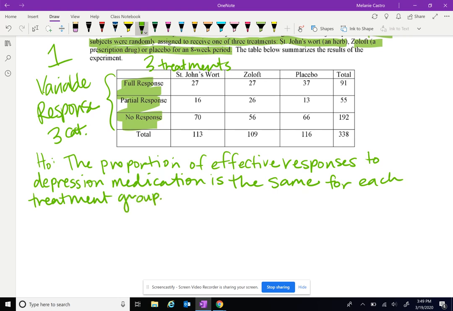There's probably another way to say that, but like here we're saying there's no difference, right? In how they respond to the different drugs. Our HA is that there is a difference.